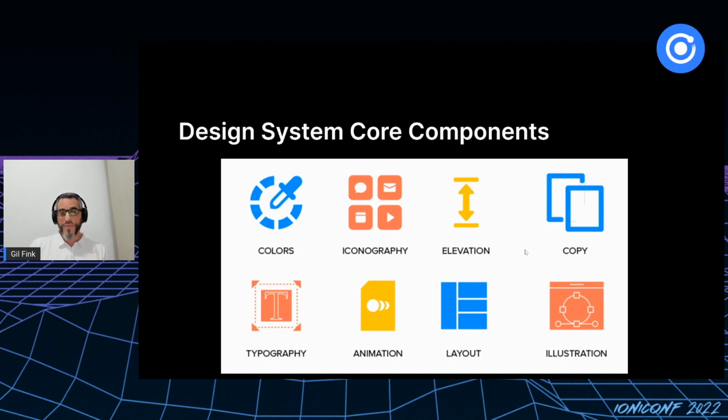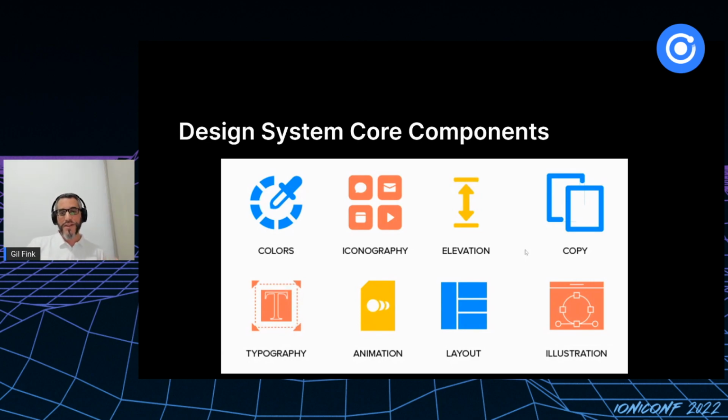Iconography gives you different icons that your company is responsible for. Copy, elevation, how you lay out things in your web page, animations, how the animations in your web page look like, the transitions, how they are produced and things like that.